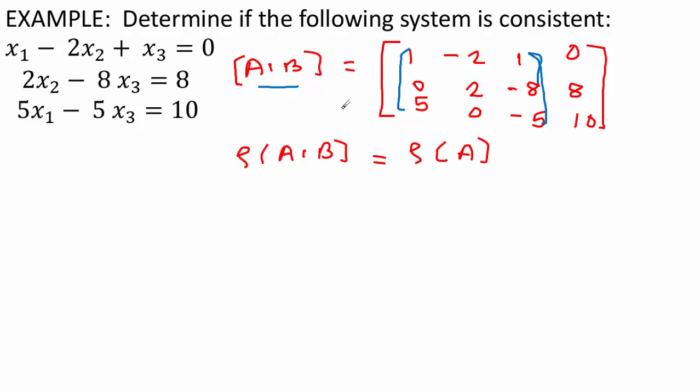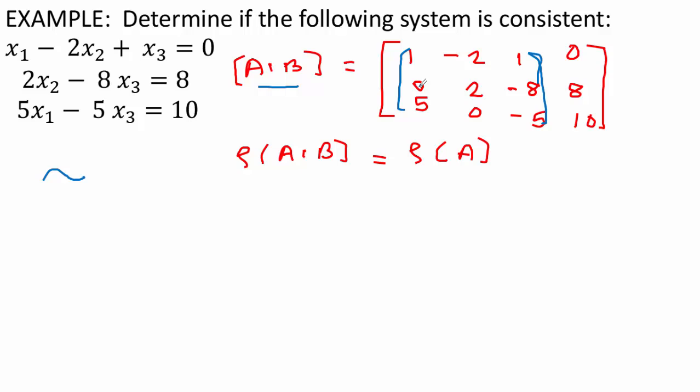For calculating the rank of this, we shall try to make this matrix a triangular matrix. That means we shall apply row operations and try to make the elements below the diagonal 0 and diagonal elements 1. The first element must be 1, and by using that first element 1, we shall try to make the elements below it 0.